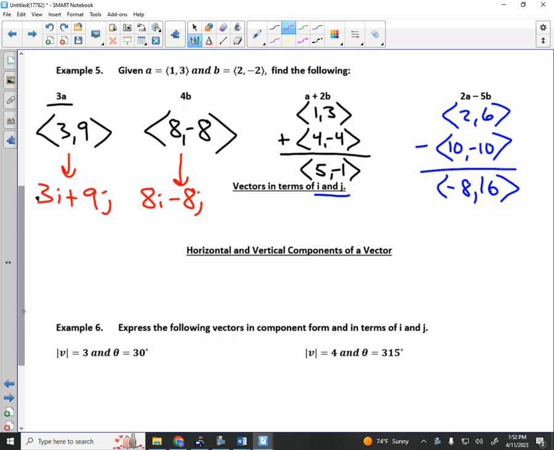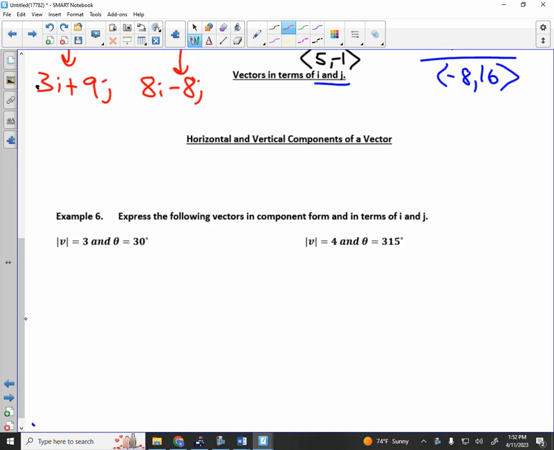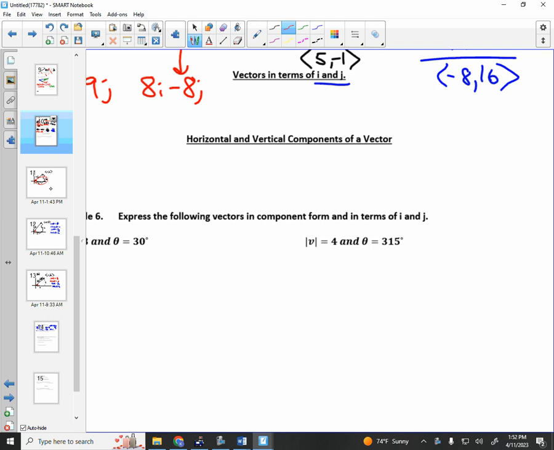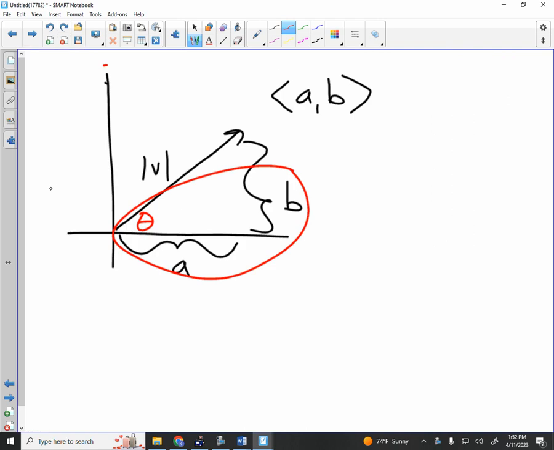Okay? So the last big piece for the day is the horizontal and vertical components of the vector. So I'm going to go back to my little drawing here. And what I want to do is write a value for A. A is the horizontal component of the vector. B is the vertical component of the vector.